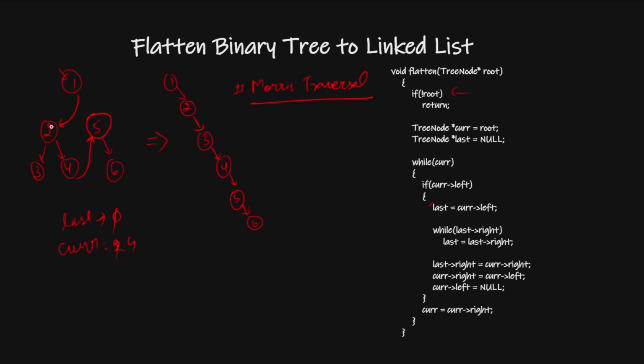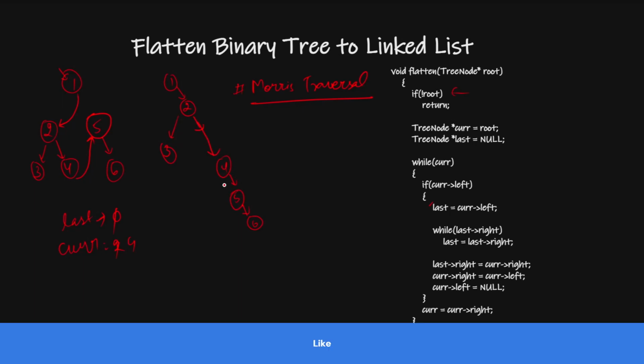So if I write this code, you can see that this 2 is pointing to 3, and this 2 is pointing to 4. Right is pointing to this 4, and this 4 is pointing to 5. 4 right is pointing to 5. So right now it looks like this.